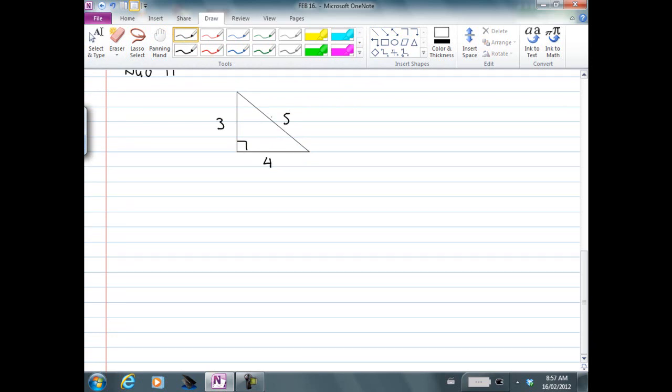Your teacher says if it's a right triangle, you can use SOHCAHTOA. So let's write this down. If it's a right triangle, then you can use SOHCAHTOA.